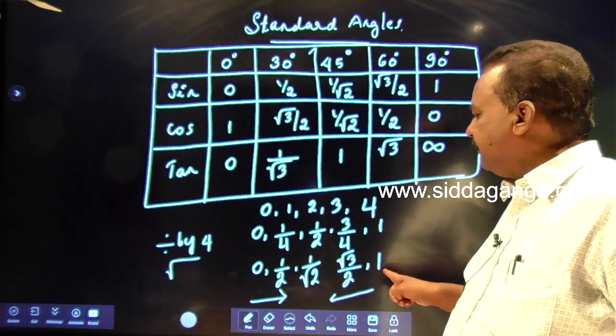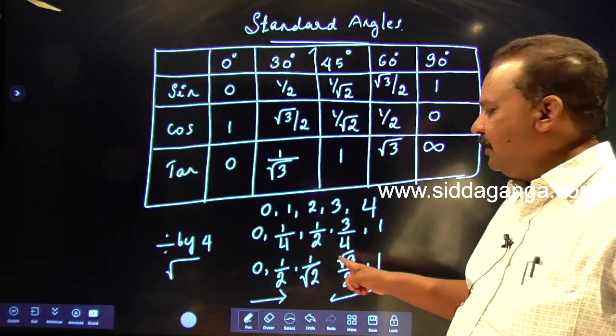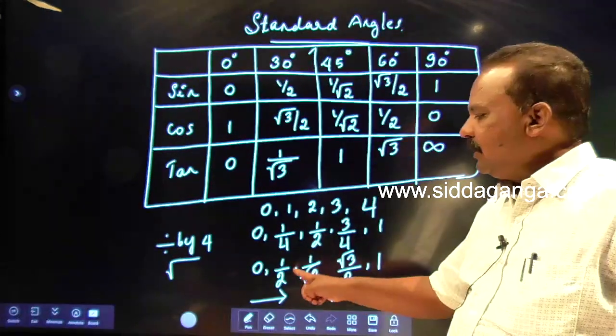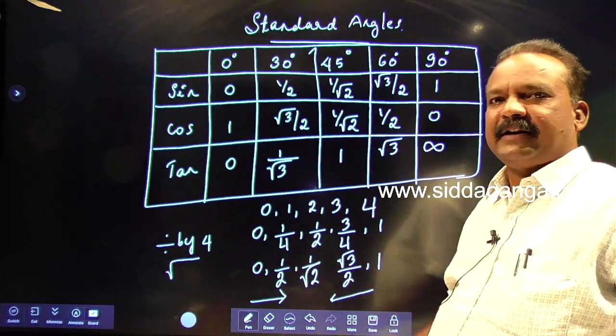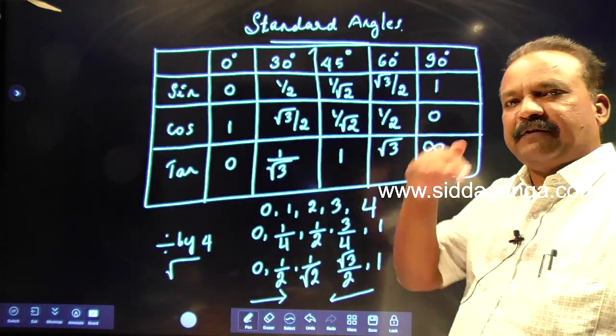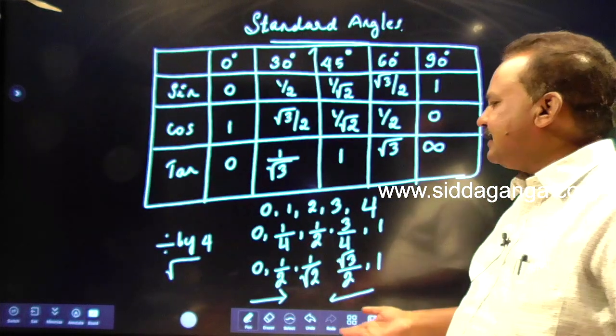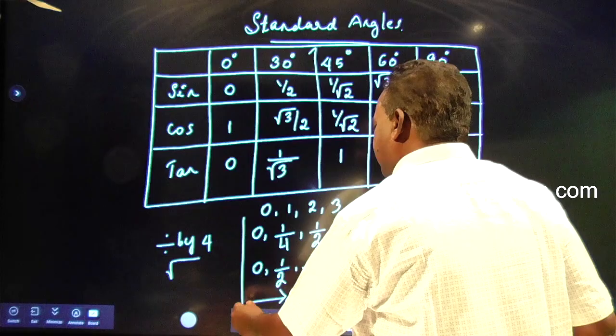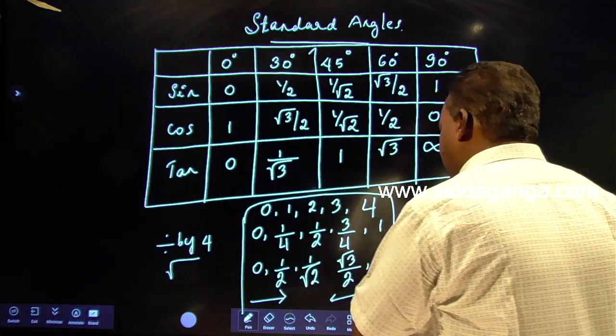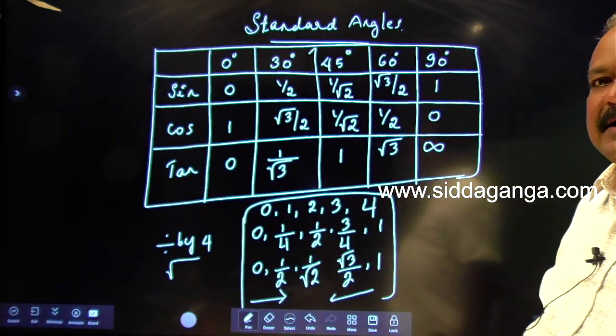Cos 0 is 1, cos 30 is root 3 by 2, cos 45 is 1 by root 2, cos 60 is 1 by 2, cos 90 is 0. If you divide sin value by cos value, you get tan value. So this is a simple trick used to remember the values of the standard angles of the trigonometric functions.